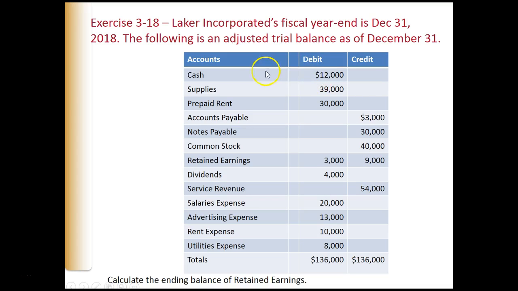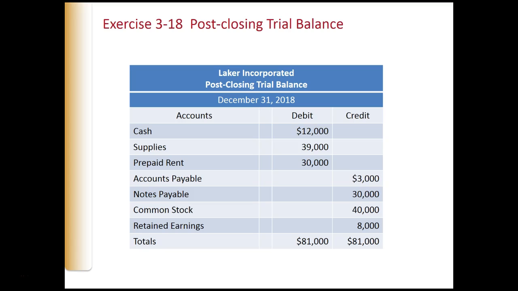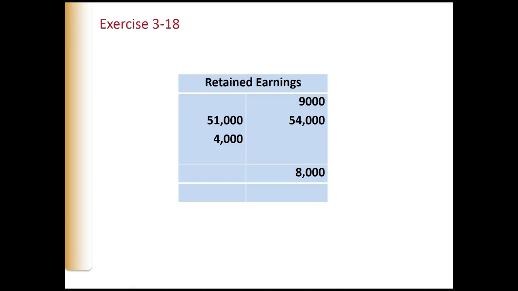So we are going to copy the post-closing trial balance. It is basically going to be the adjusted balance of all the permanent accounts, with the exception of the changes in the retained earnings account. As you see here, the post-closing trial balance shows our cash, supplies, prepaid rent, accounts payable, notes payable, and common stock, but our retained earnings would be the new figure shown here.